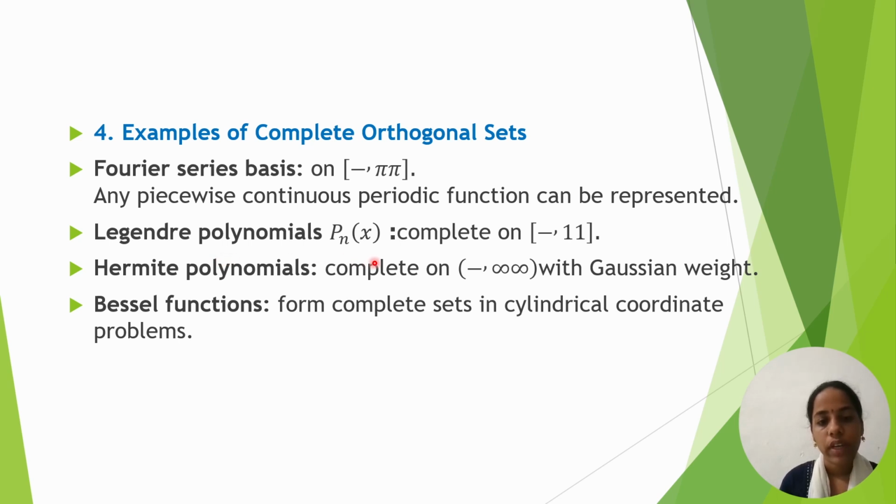Legendre polynomials Pn of x are complete on minus 1 to 1. Hermite polynomials are complete on minus infinity comma infinity with Gaussian weights. Bessel functions form complete sets in cylindrical coordinate problems.